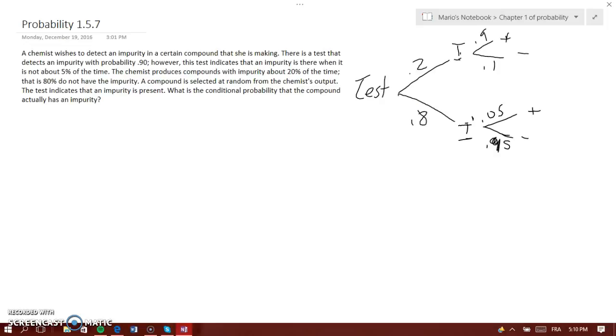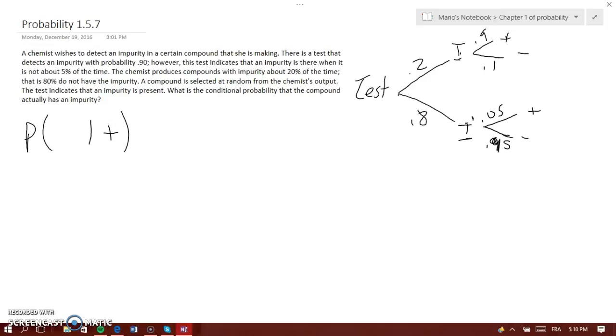Now we can work on the problem, because it asks what is the conditional probability that the compound actually has an impurity. So basically it's asking for the probability of impurity given the test indicates that impurity is present, so let's say positive.